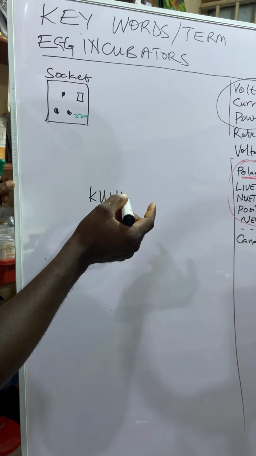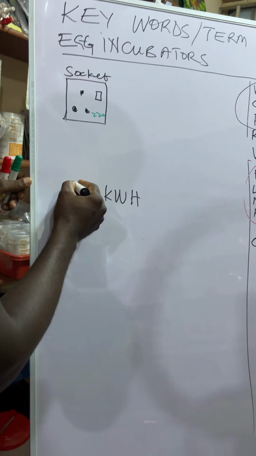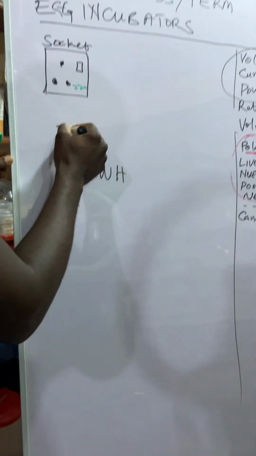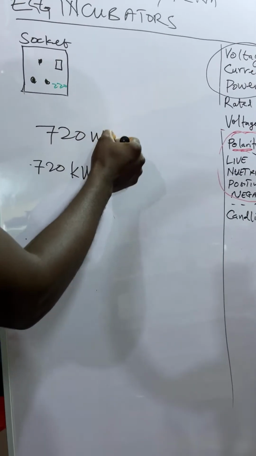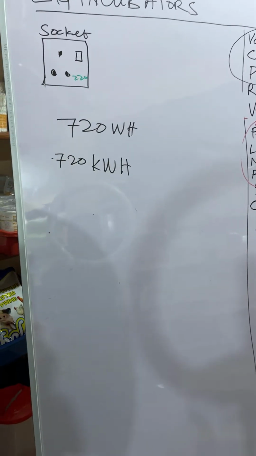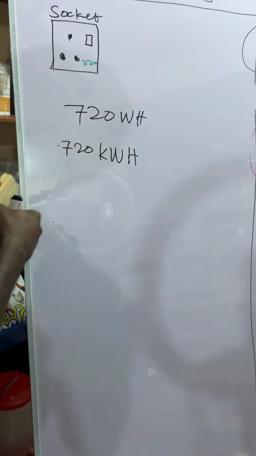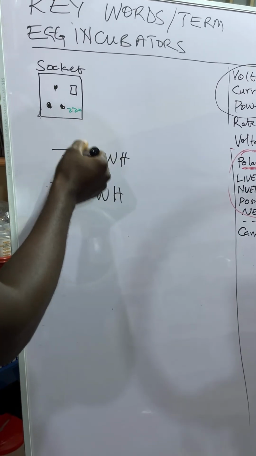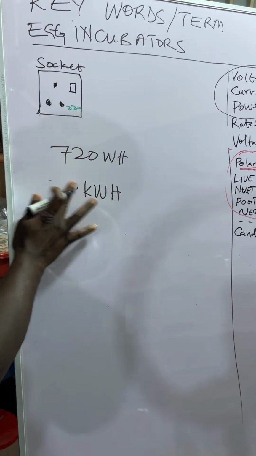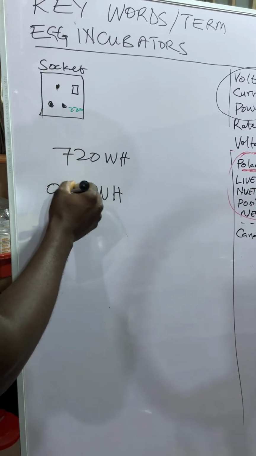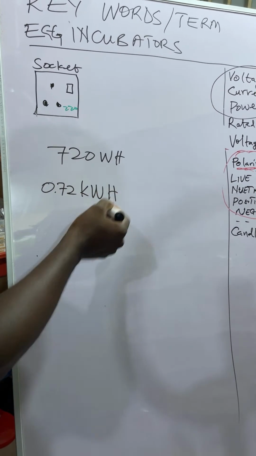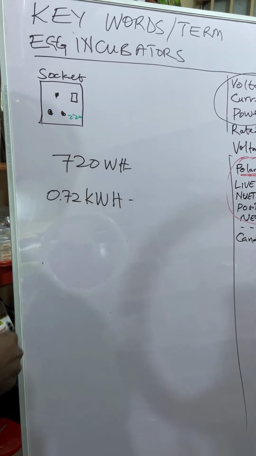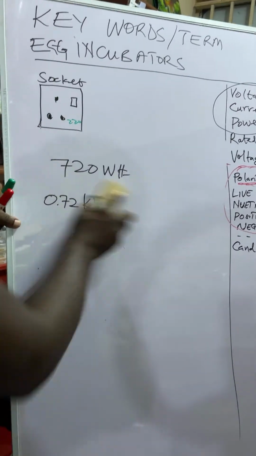We got 720 watt hour. So if you want to say it in kilowatt hour, you divide by 1,000, and you get 0.72 kilowatt hour. So this and this are the same. Can we move on?